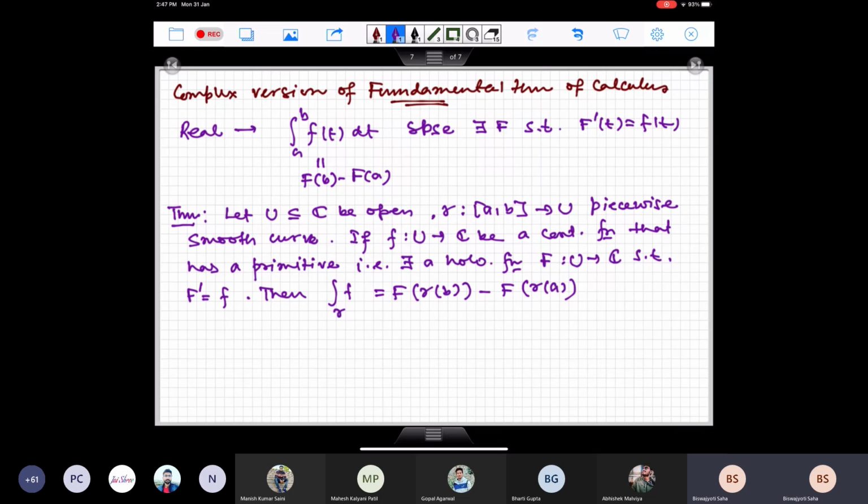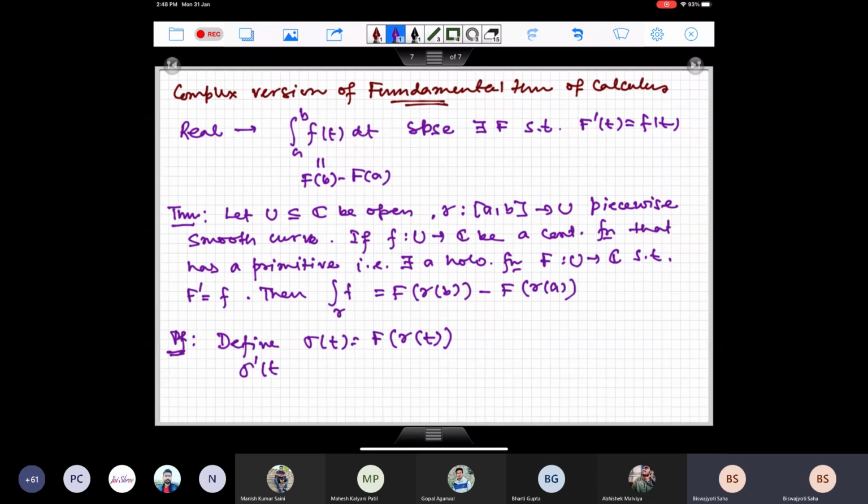Okay, so let us quickly prove this one. The proof is going to be very easy, and we are effectively going to use the real version that we have. So here, I am going to define a new function sigma of t, which is capital F composed with gamma.